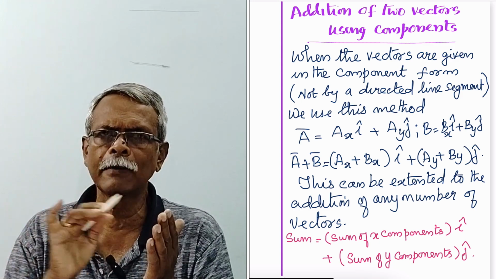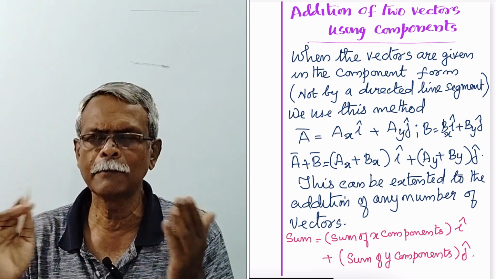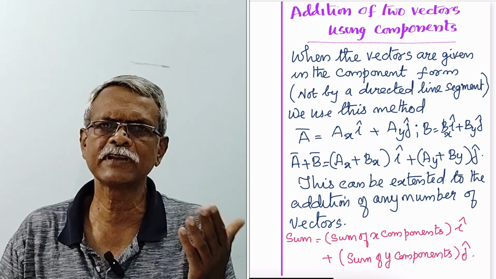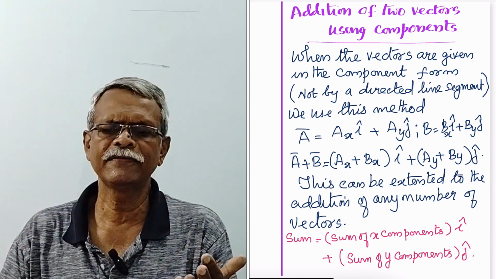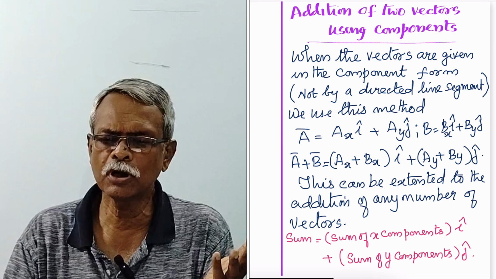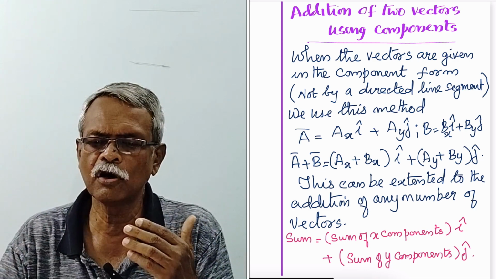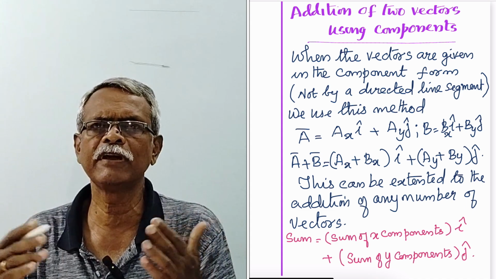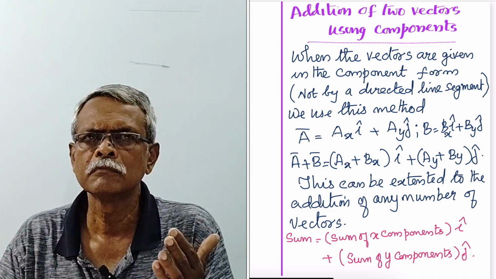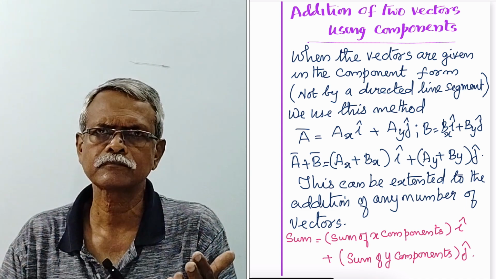Then you will get the sum of x components i plus the sum of y components j, and if it is 3 dimensions, plus the sum of z components k. Therefore, that is the addition of vectors using component form. If it is given in component form, that can be added.